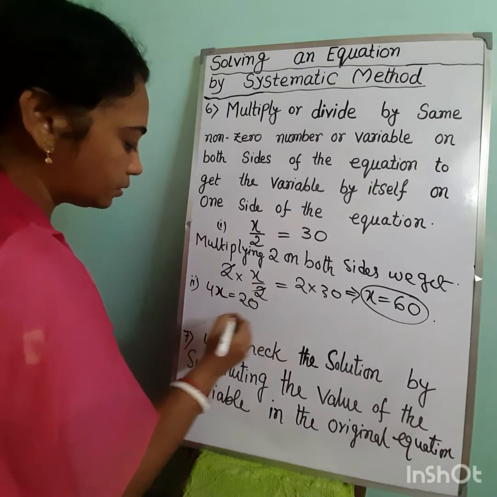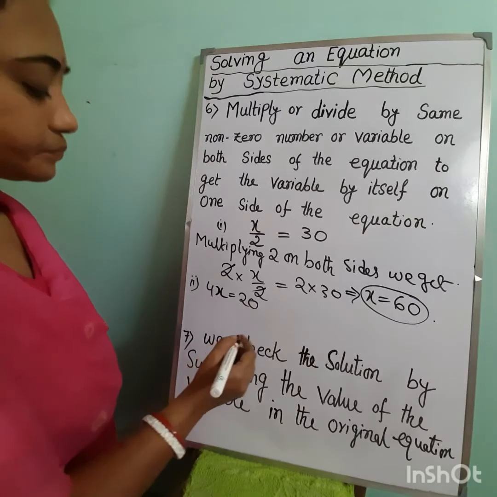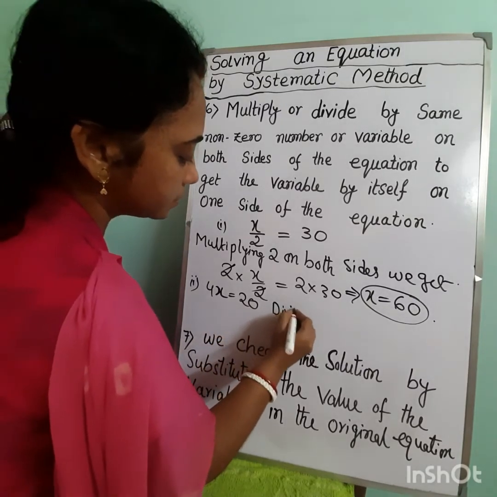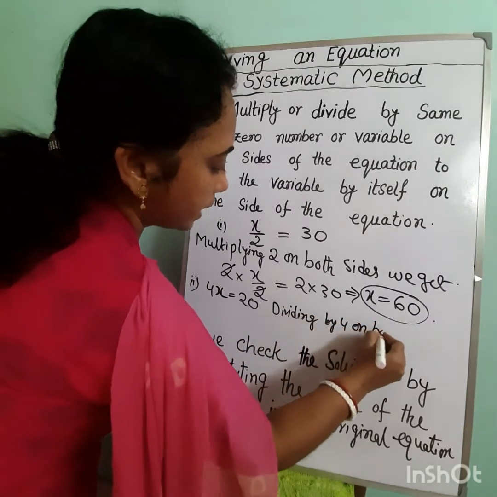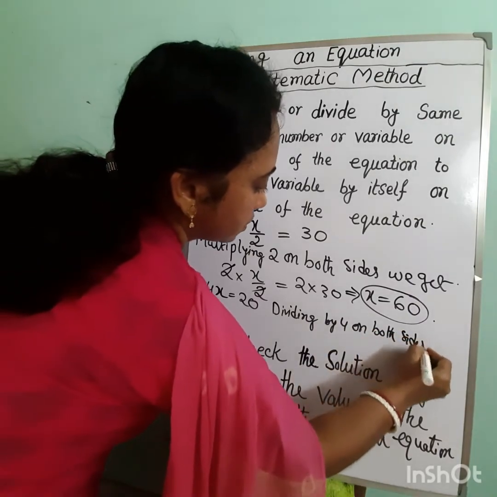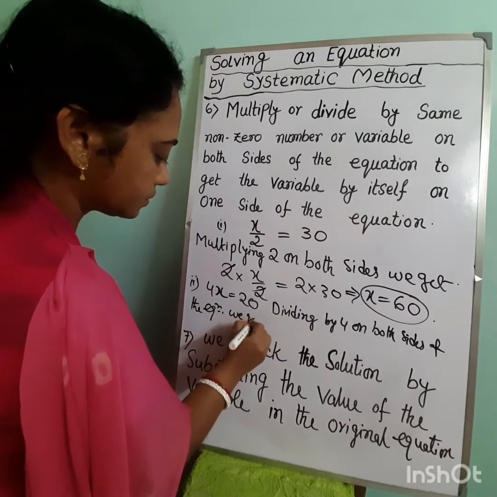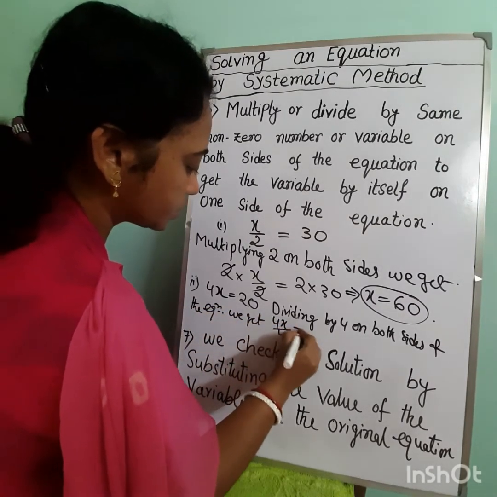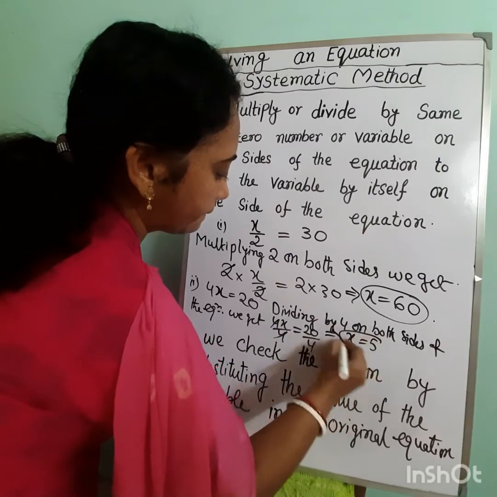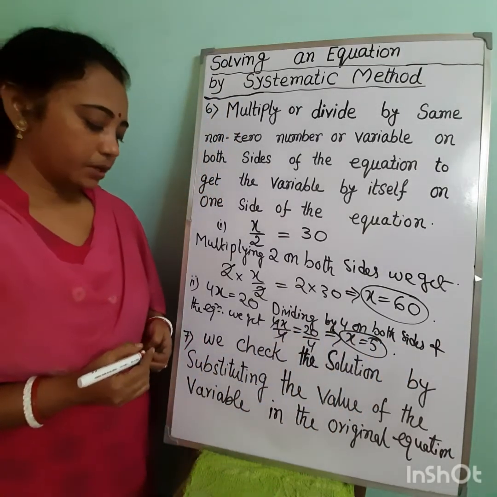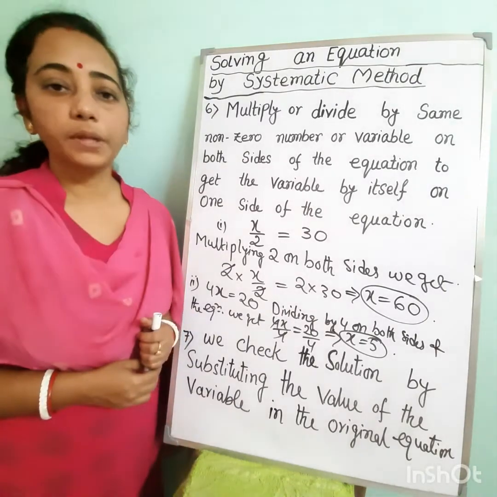So dividing by 4 on both sides of the equation, we get 4x by 4 is equal to 20 by 4. So this implies x is equal to 5. So we are getting the solution as 5. So in this way we can easily apply this rule to find the solution of the equation.